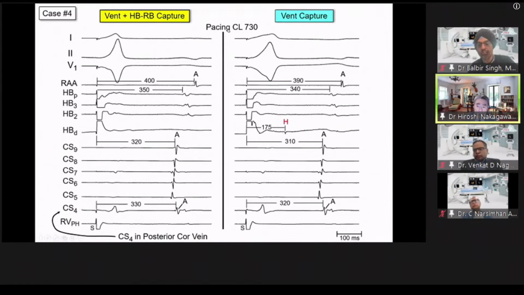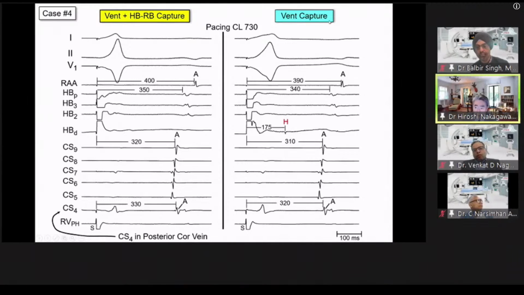When pacing from the parahisian region, look at the A activation sequence: the left panel has V and His capture, and the right panel has V capture only. First of all, the A activation sequence is identical. If you measure the stimulus-A interval, for example at CS4, 330 versus 320, it's almost the same, but with a 10 millisecond difference.